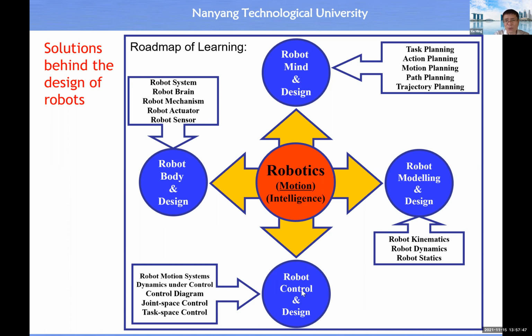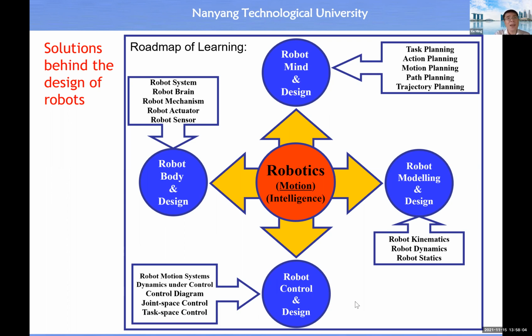And the 4th module is robot control, which will include these topics such as robot motion system, dynamics under control, control diagram, joint space control, task space control.